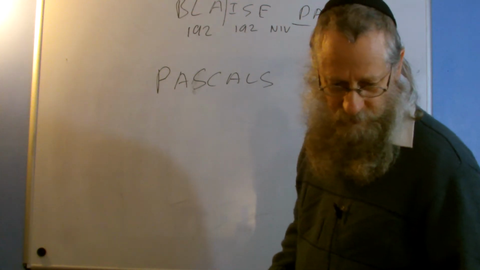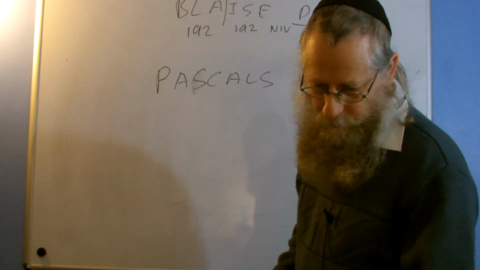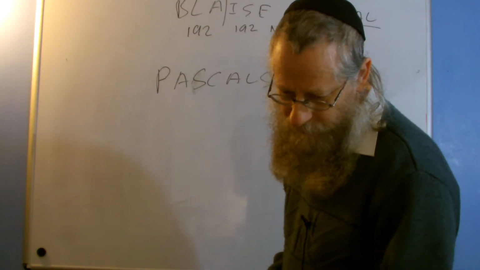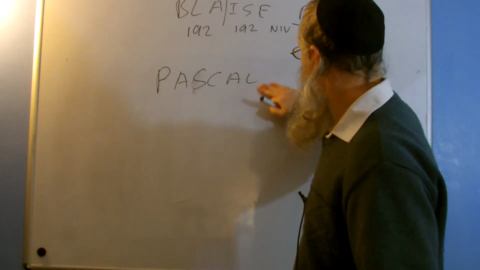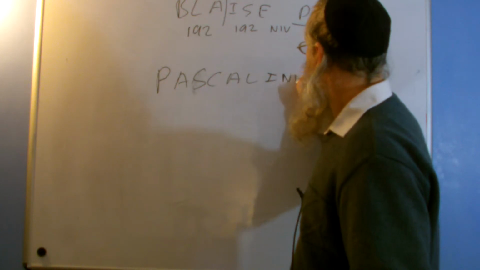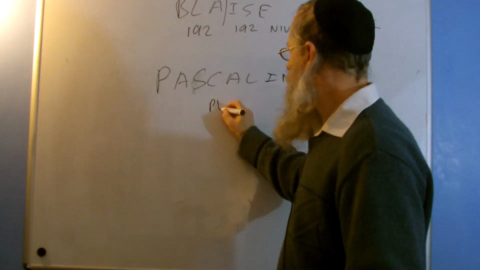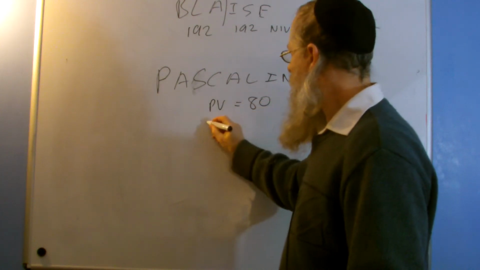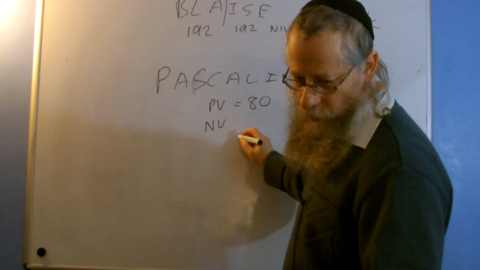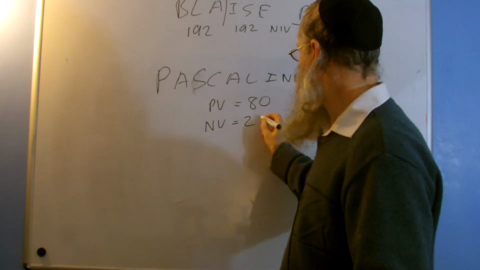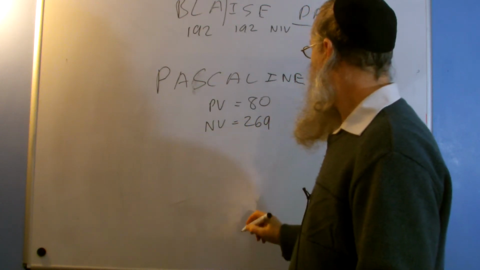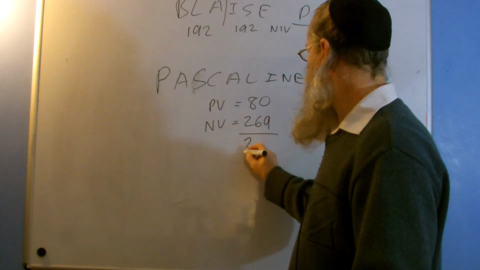Let's see if I can write it here. Pascaline. It is Pascal line. Now that word, Pascaline, has a placement value of 80, and it has a normal value of 269. And if I add that, I get 349.